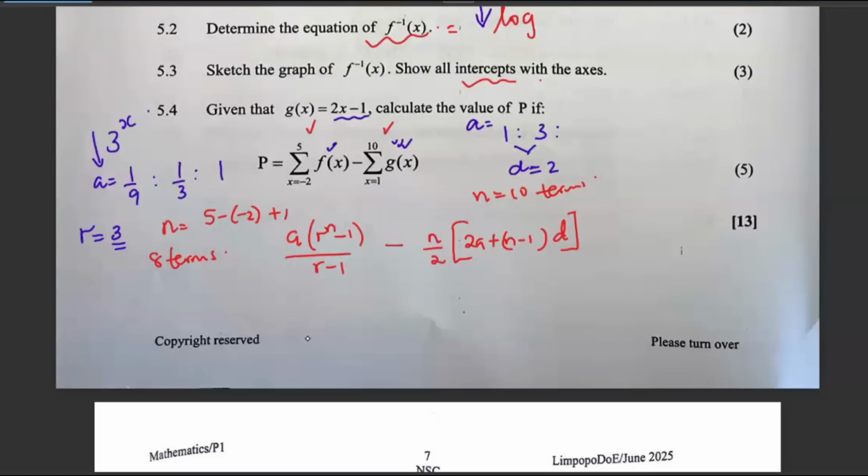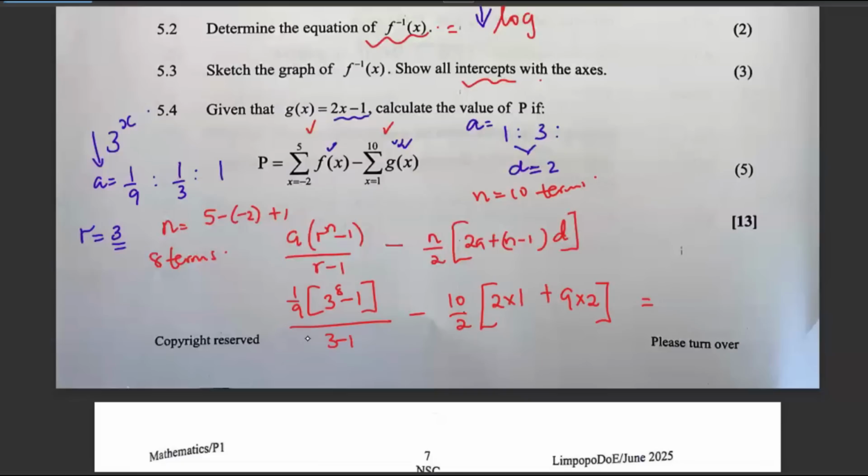So we have 1 over 9 into 3 to the exponent of 8 minus 1 over 3 minus 1. We are subtracting 10 over 2 into 2 times 1 plus, we know that 10 minus 1 is 9, multiplied by 2. The only thing I have to do is substitute that into the machine.